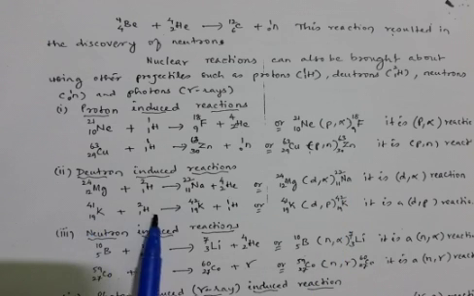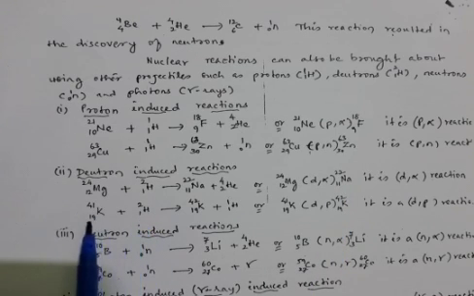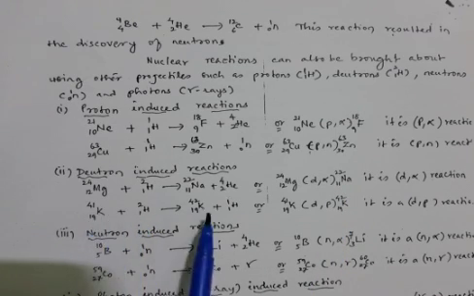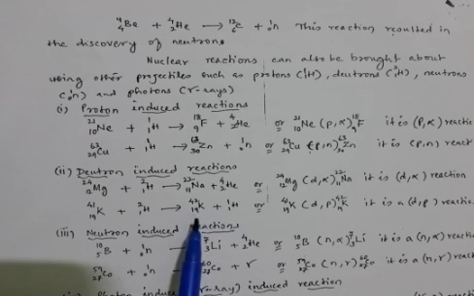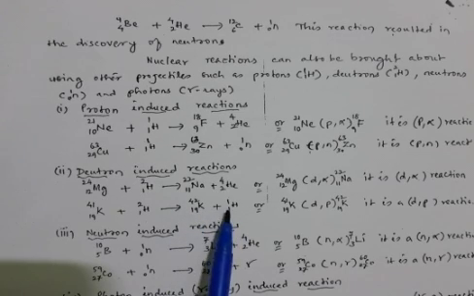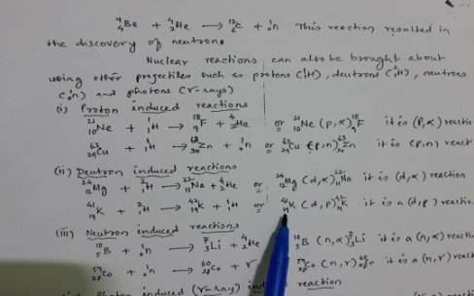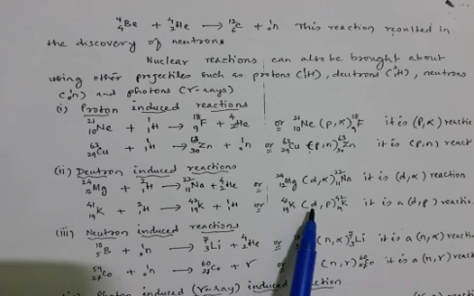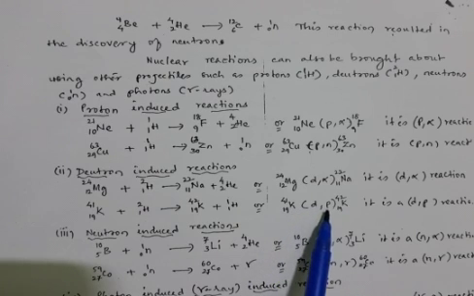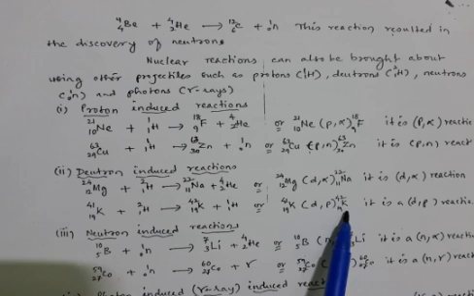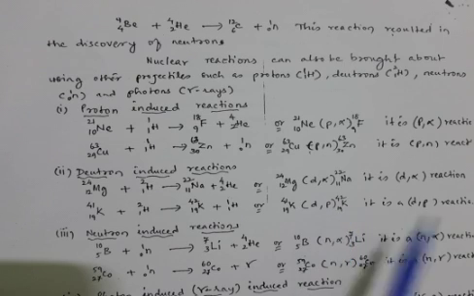Similarly, deuterium strikes potassium 39, 19, resulting in the formation of potassium 42, 19 with the emission of a proton. This can be represented with potassium as the target nuclei, deuterium as the projectile, and a proton emitted, resulting in the formation of potassium 42, 19.